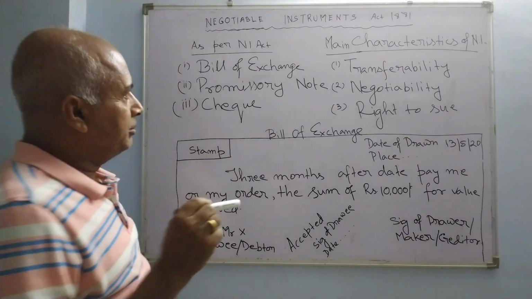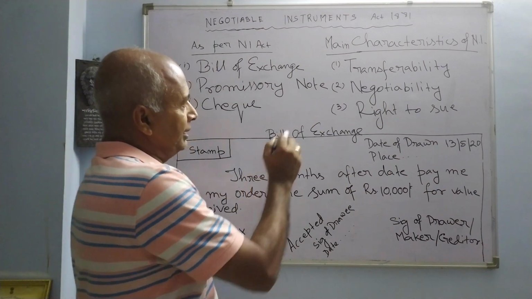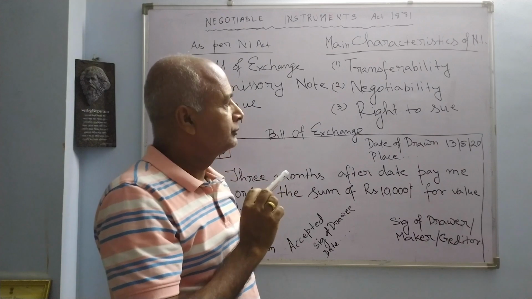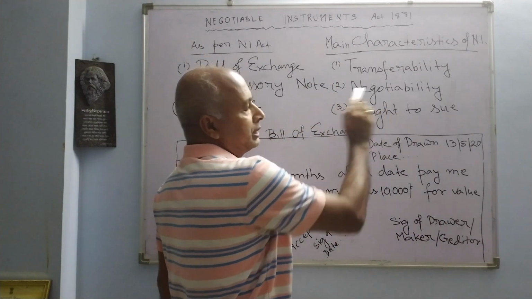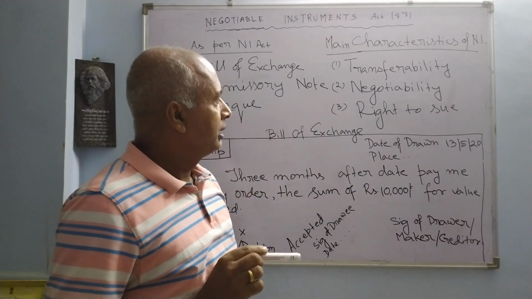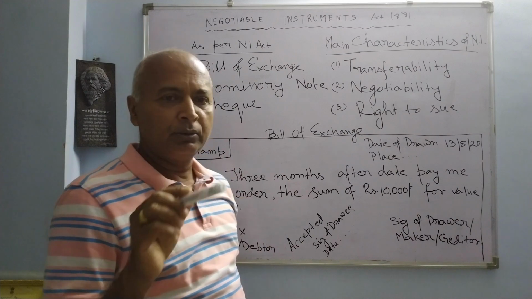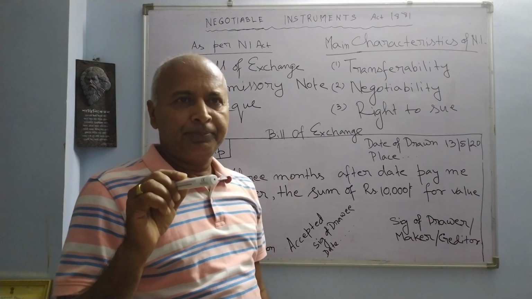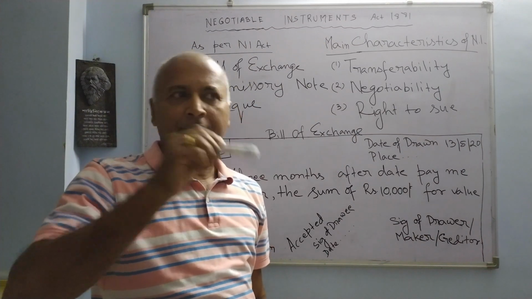The main characteristics of negotiable instruments are transferability, negotiability, and right to sue. Out of these three, negotiability is vital, because negotiability means the transferee can enjoy a better title than the transferor.